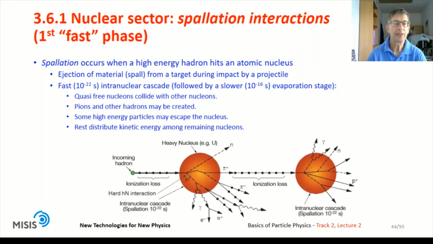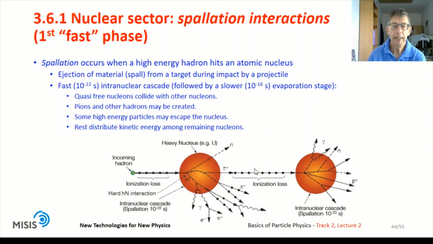So in the fast stage we have quasi-free nucleons which collide with other nucleons. Pions and other hadrons may be created, and some of these particles have enough energy to escape the binding energy, they can go out of the nucleus and continue their path in the material. And the rest will receive the kinetic energy that is left over from the incoming particle.